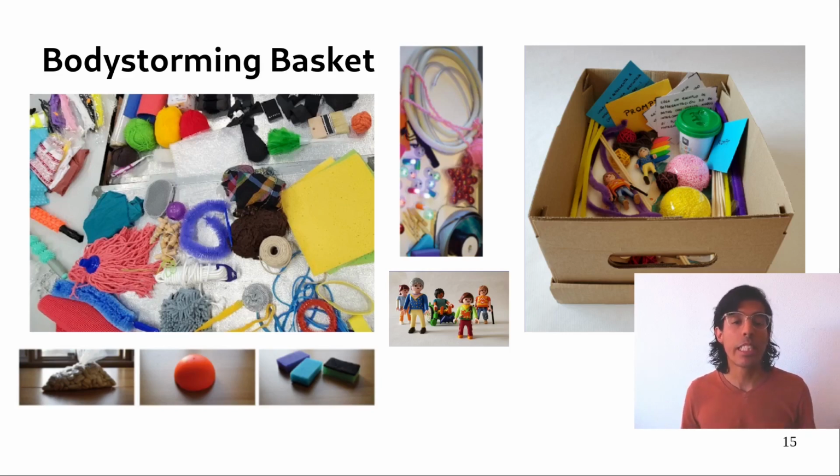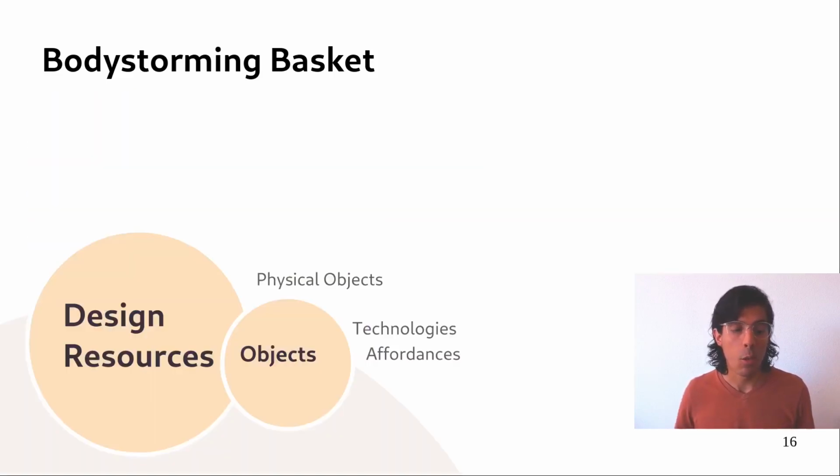Crafting materials were essential to transform and resignify other kinds of objects. One of our recommendations, based on the physical object subcategory, is that design researchers who want to start working with movement-based design methods could start collecting and curating a bodystorming basket of simple and diverse objects like those just mentioned and shown.